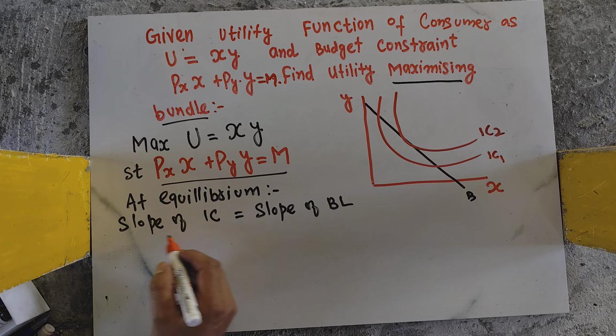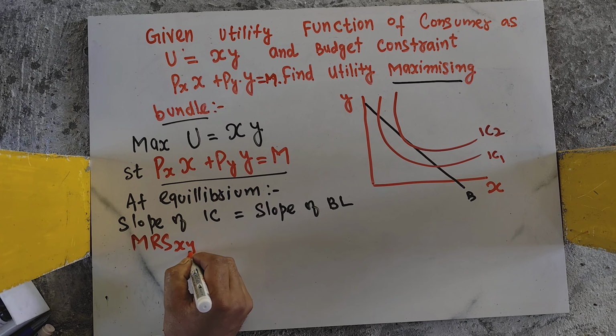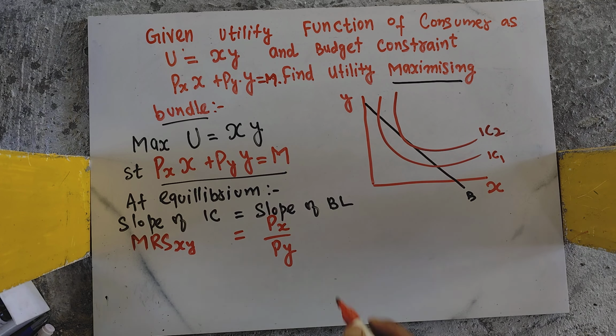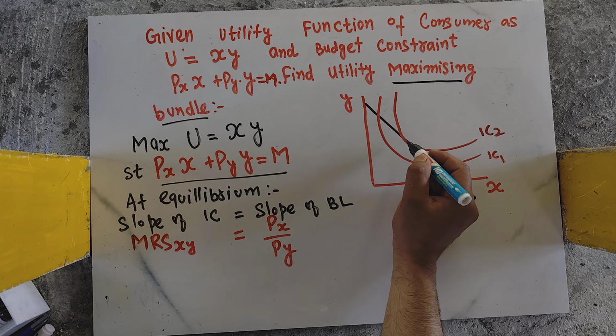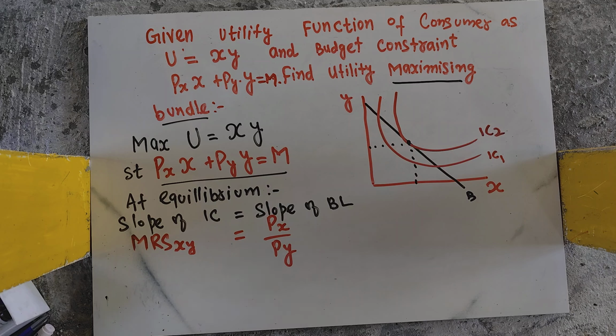What is the slope of the indifference curve? It is simply the marginal rate of substitution between two goods. And what is the slope of the budget line? It is the ratio of the prices, price of x upon price of good y. Okay, so this condition should be satisfied. It happens at this point where the indifference curve and the budget line are tangent to each other.